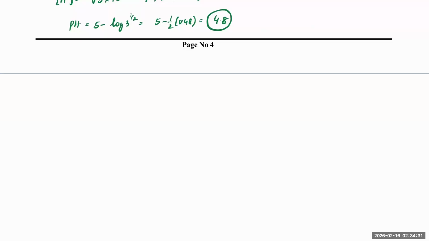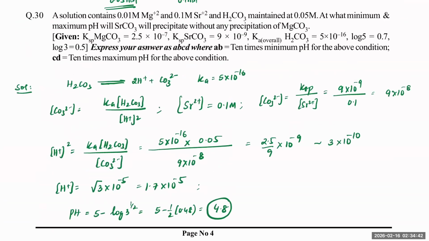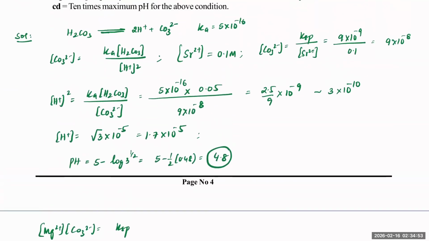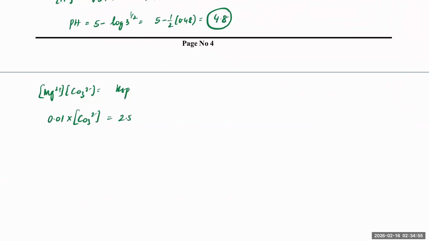Mg2 plus concentration into CO3 2 minus concentration will give you its Ksp, and we need to maintain Mg2 plus concentration at 0.01. The Ksp value for that is given as 2.5 into 10 raised to power of minus 7. So at this point, carbonate concentration should be 2.5 into 10 raised to power of minus 7 by 0.01, which means 2.5 into 10 raised to power of minus 5.